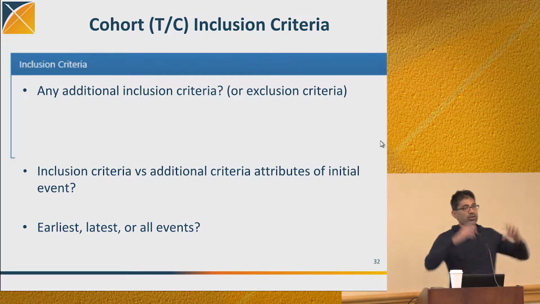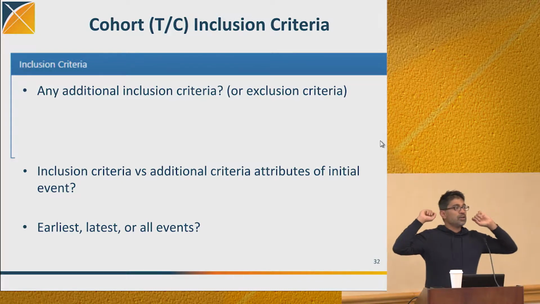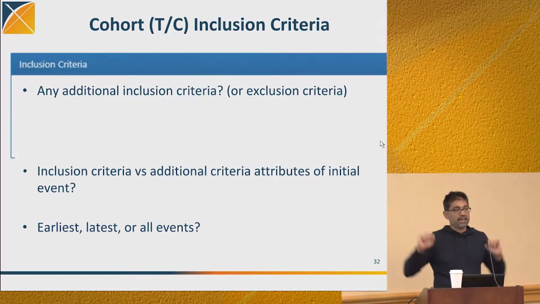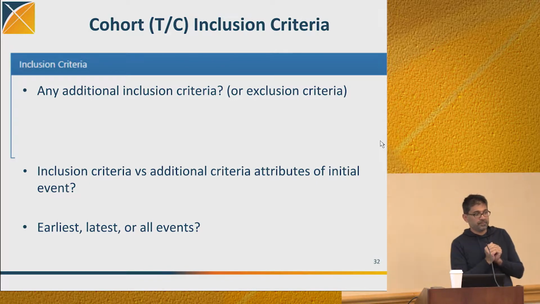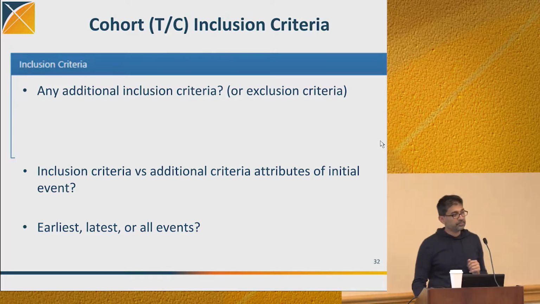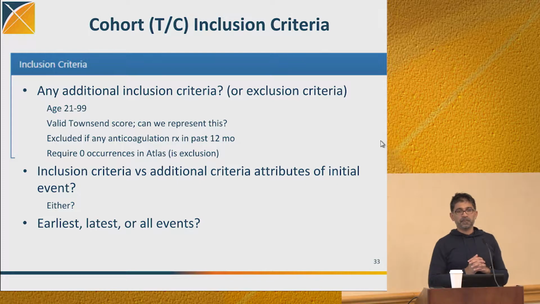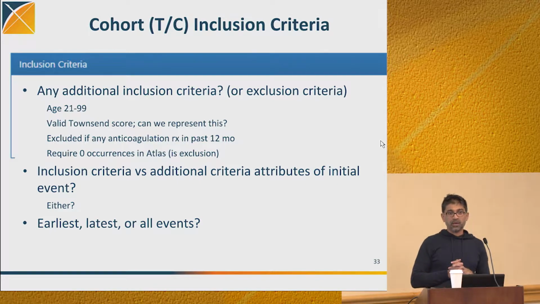All right, so let's go to the next box, the inclusion criteria. What were the other things that were specified in the study specification that may be used as inclusion criteria? Age. What else? Only oral anticoagulants.